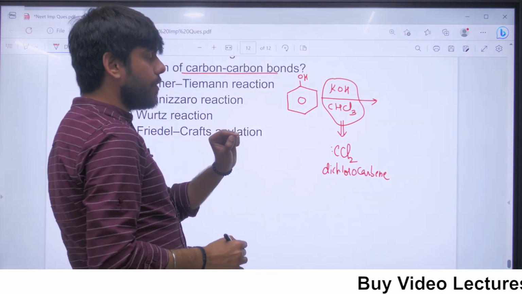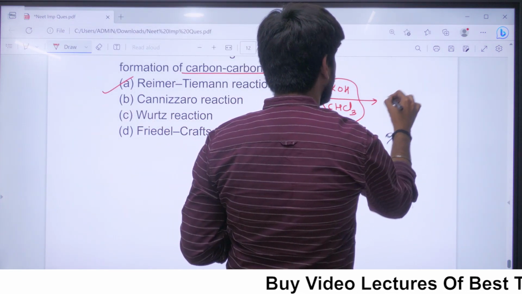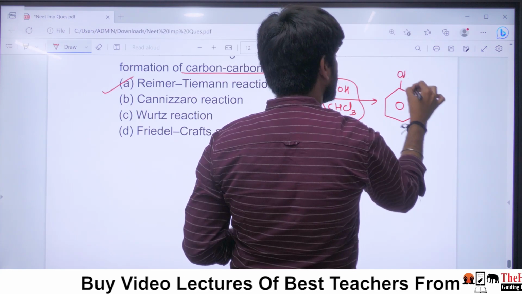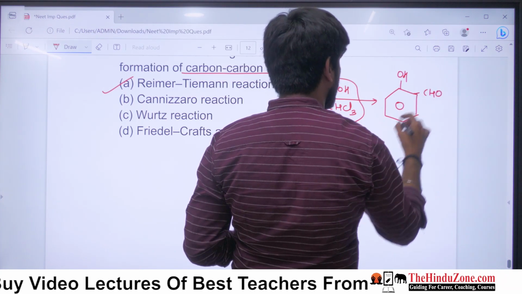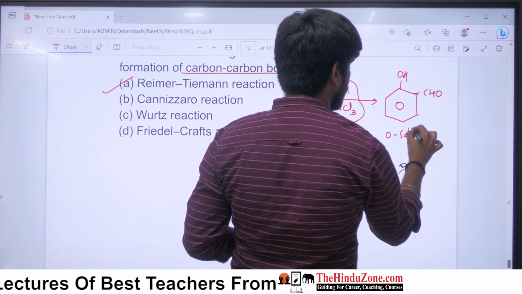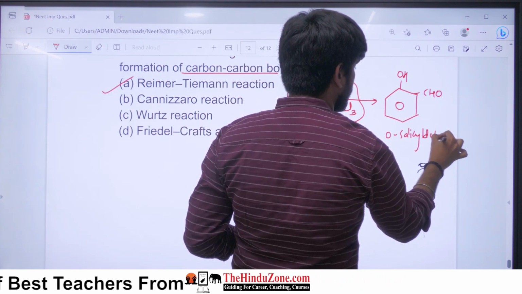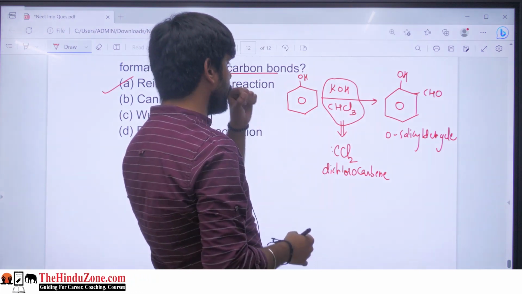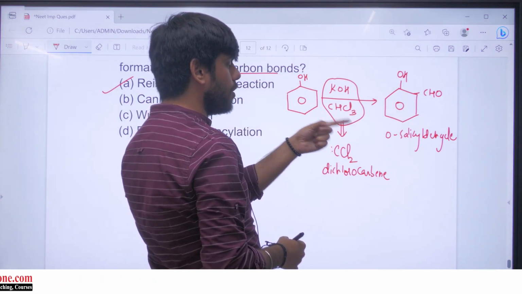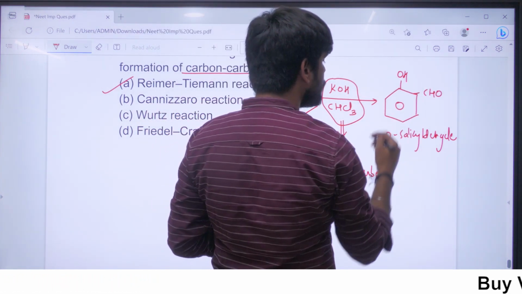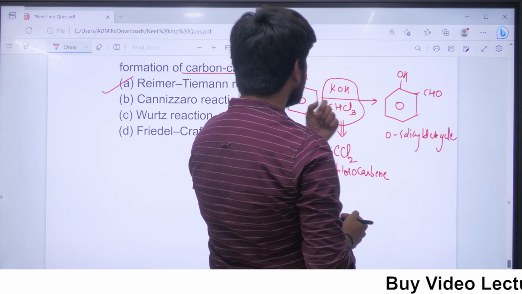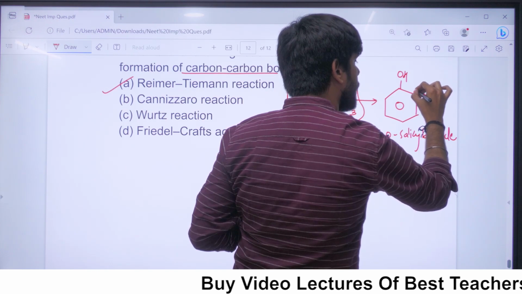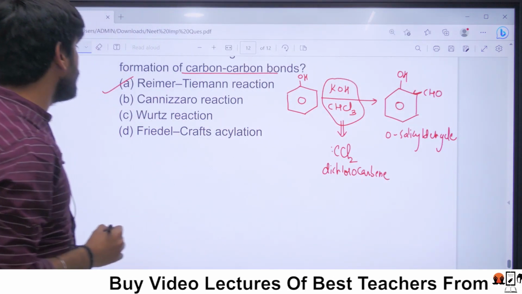So this is the electrophile over here, and the end product is ortho salicylaldehyde, right? Why ortho is the major product? Because we can have the hydrogen bonding over here, intramolecular. So this is ortho salicylaldehyde, and here if you see, it results in the formation of a new carbon-carbon bond. So A cannot be the answer.